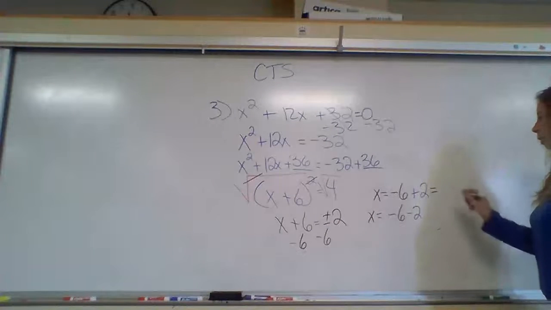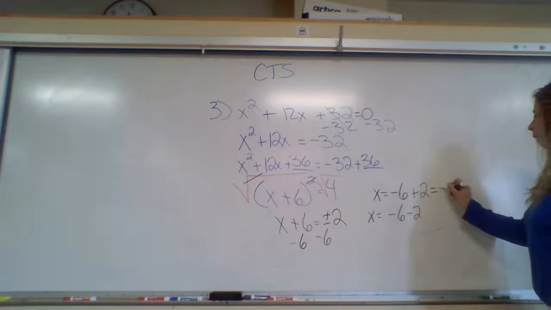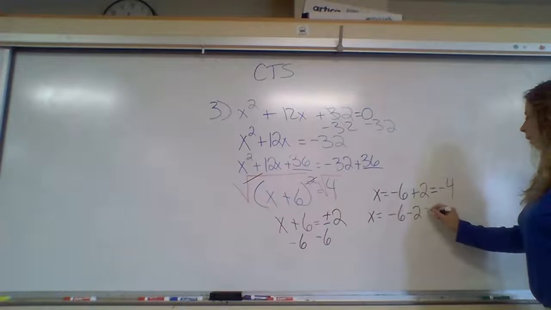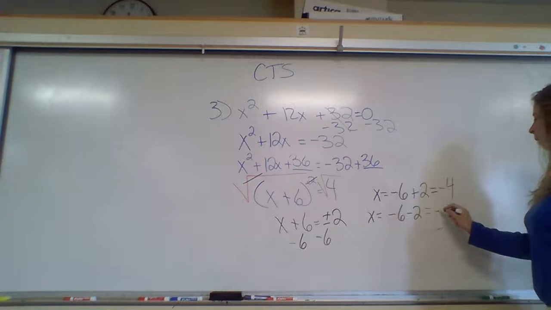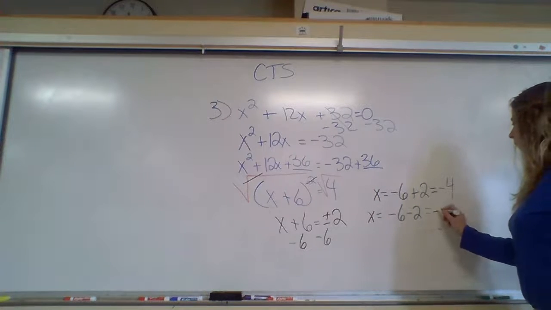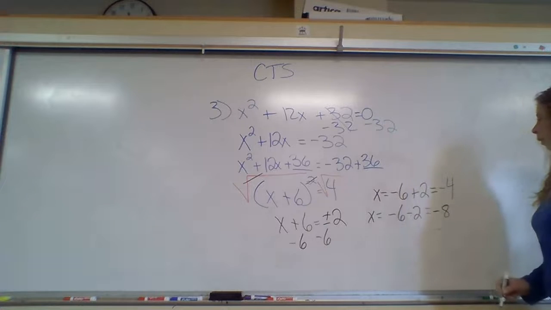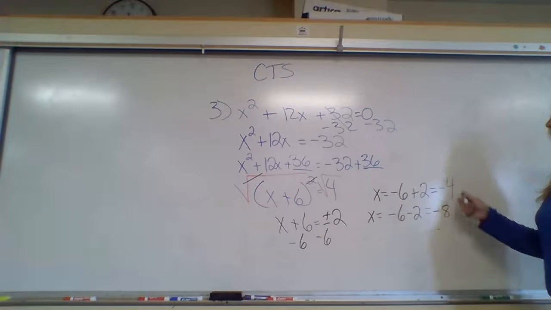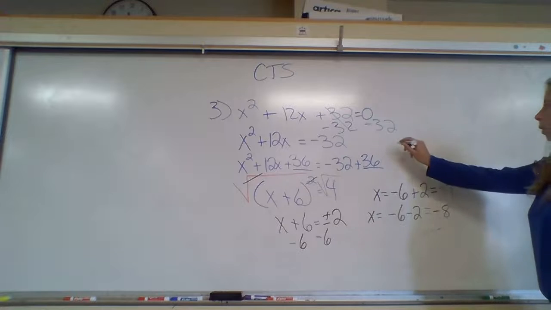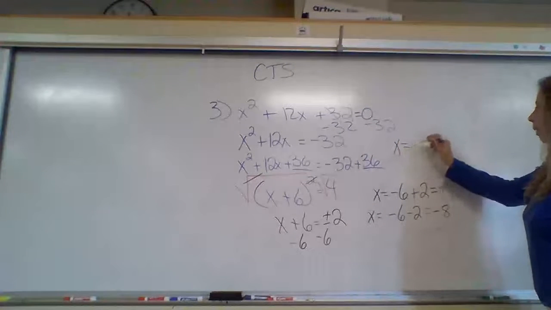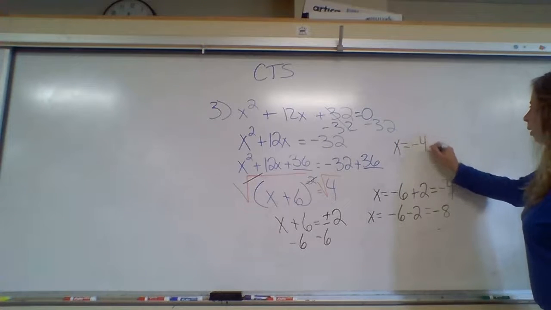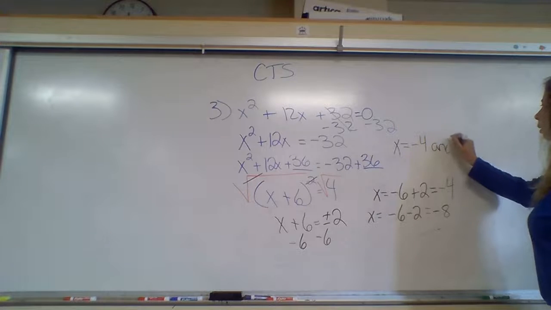Negative 6 plus 2 is negative 4. And then negative 6 minus 2 is negative 8. So those are your two answers. That's how you solve by completing the square. X equals negative 4 and negative 8.